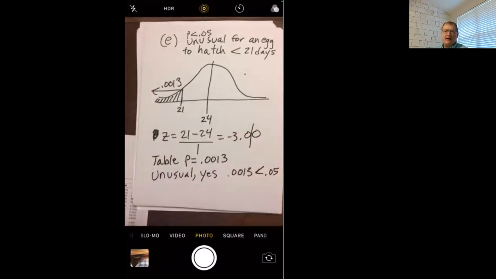I'll leave it to you to figure out how to enter it into the computer. So the answer will be 0.0013, right? Is that your probability of hatching less than 21 days? Yes.